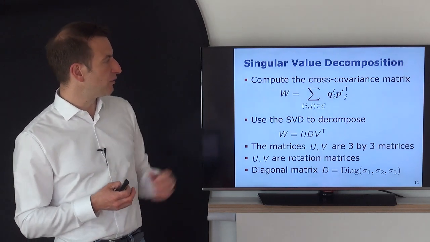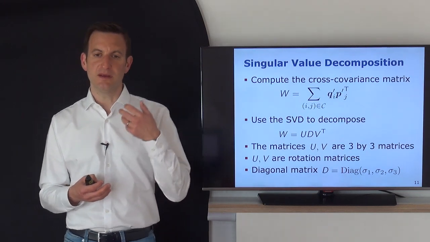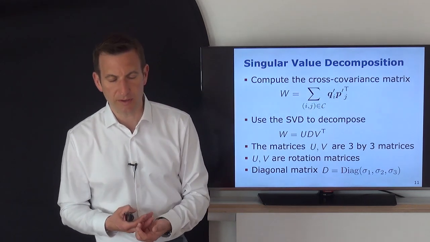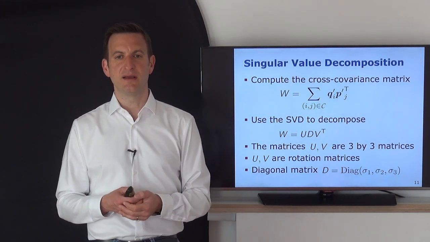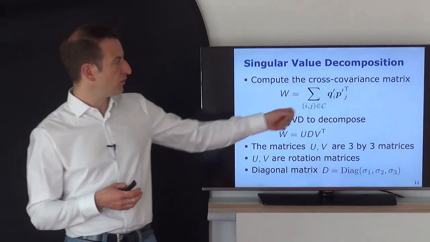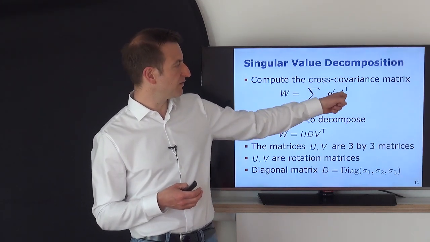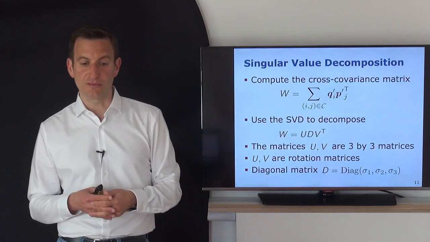Okay, so how does it work? So we are computing the cross-covariance matrix here indicated by W from the individual corresponding points of my point cloud, which are already with a reduced center of mass, so the center of mass is 0. So we have the points Q and P, so these are the prime variables, and then we have the cross-covariance matrix.